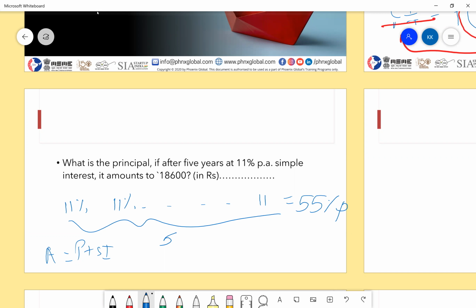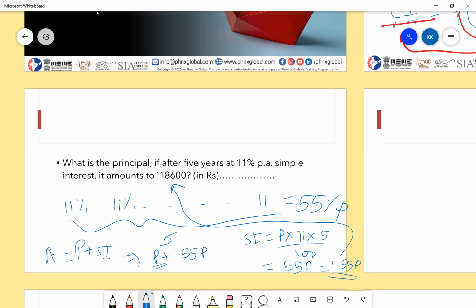That is P plus 0.55 times P. Even if you don't get it, just go by the simple basic formula method. What is the simple interest? It is principal into 11 into 5 by 100. What do we get here? 0.55p. This plus p is 1.55p. Now 1.55p is this. You have to calculate p.